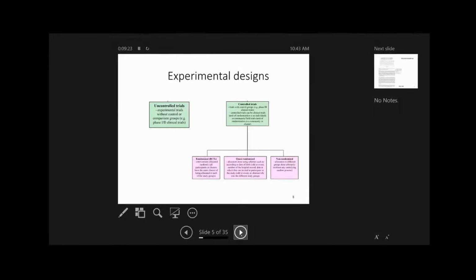Now, here is my first set of what I call experimental designs. Okay, there are uncontrolled trials and there are controlled trials. What does the word control mean? So if I gave a bunch of COVID patients hydroxychloroquine or remdesivir or azithromycin or whatever, and then I say a certain proportion got better, a certain proportion lived, certain proportion died, by itself, that information is helpful, but it does not get at the causal question on whether the improvement I saw or lack of improvement I saw was attributable to that specific drug or intervention.